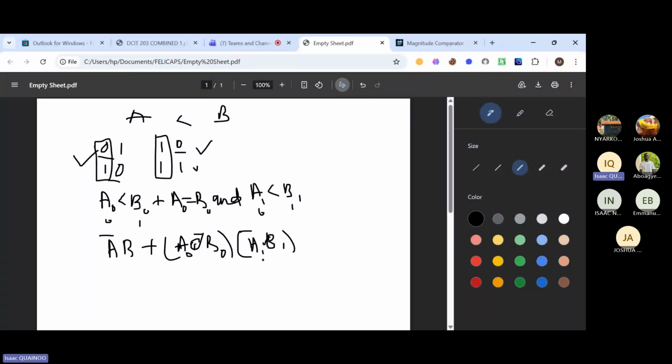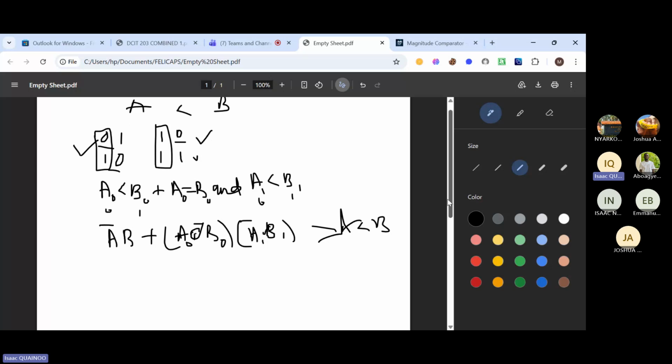So please, you see how quick we're able to make a deduction for A is less than B. Once you just understand the logic, you can be able to make your deductions easily. It shouldn't take you more than 10 seconds to successfully make your deductions.